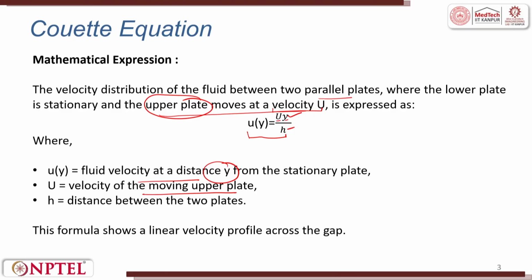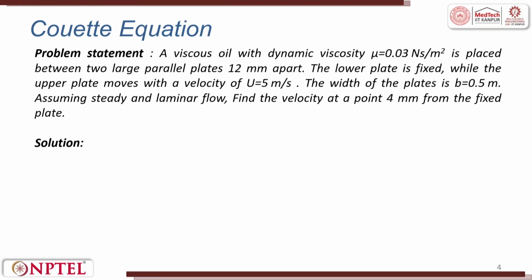Now, to understand the Couette equation, I will read this problem statement, and with the figure that I will draw, you will be clearer about what it is specifically talking about. A viscous oil with dynamic viscosity mu of 0.03 Newton seconds per meter square is placed between two large plates which are 12 millimeters apart. So h is 12 millimeters.